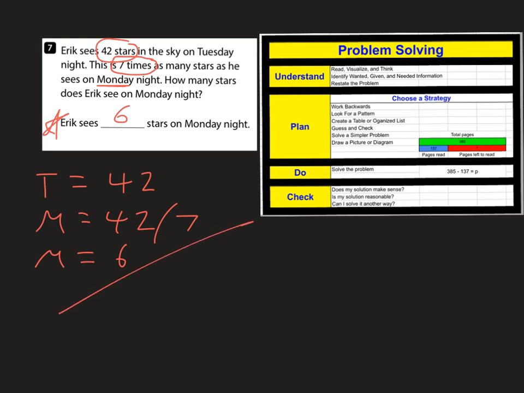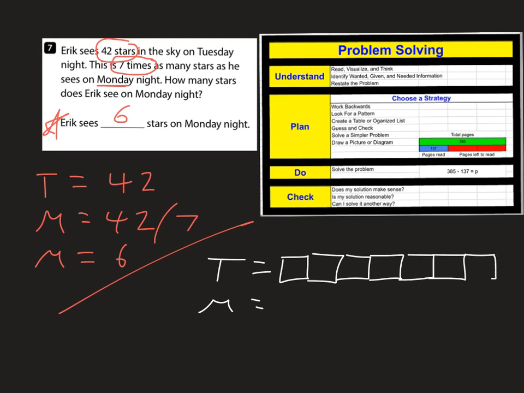All right, let's set it up using the bar model. You have Tuesday night and Monday night. I know that Tuesday night is 7 times, 1, 2, 3, 4, 5, 6, 7. And that is 7 times more than Monday night.